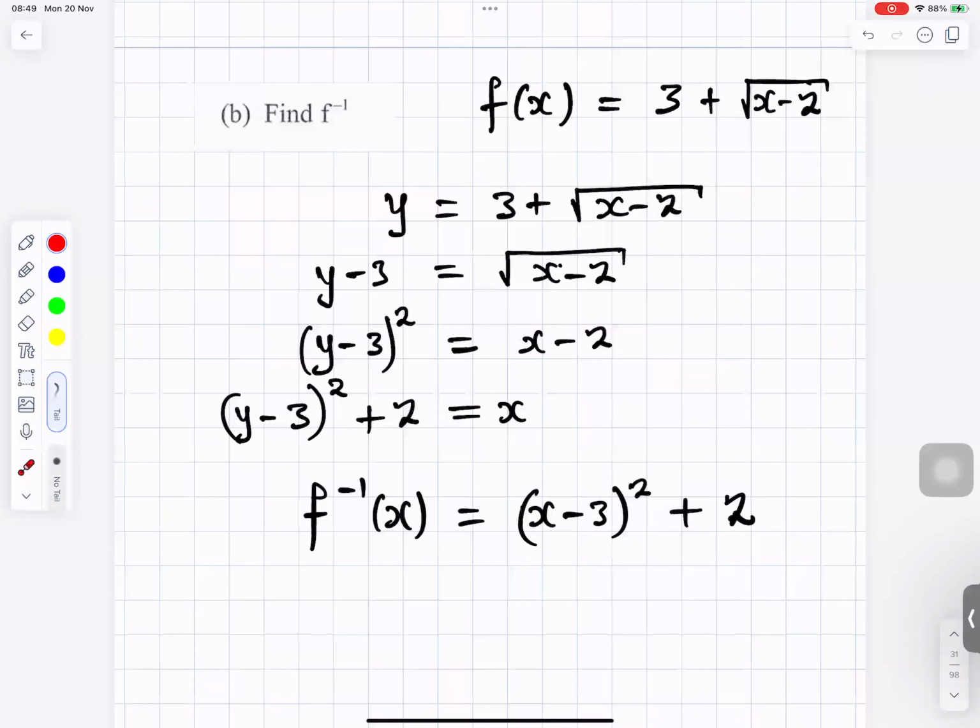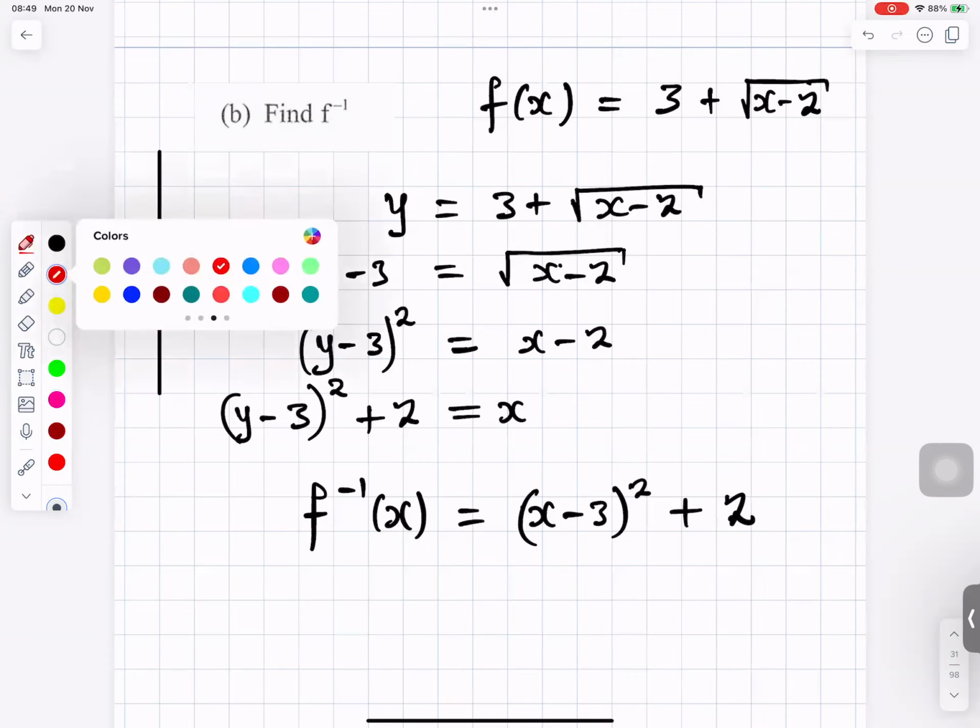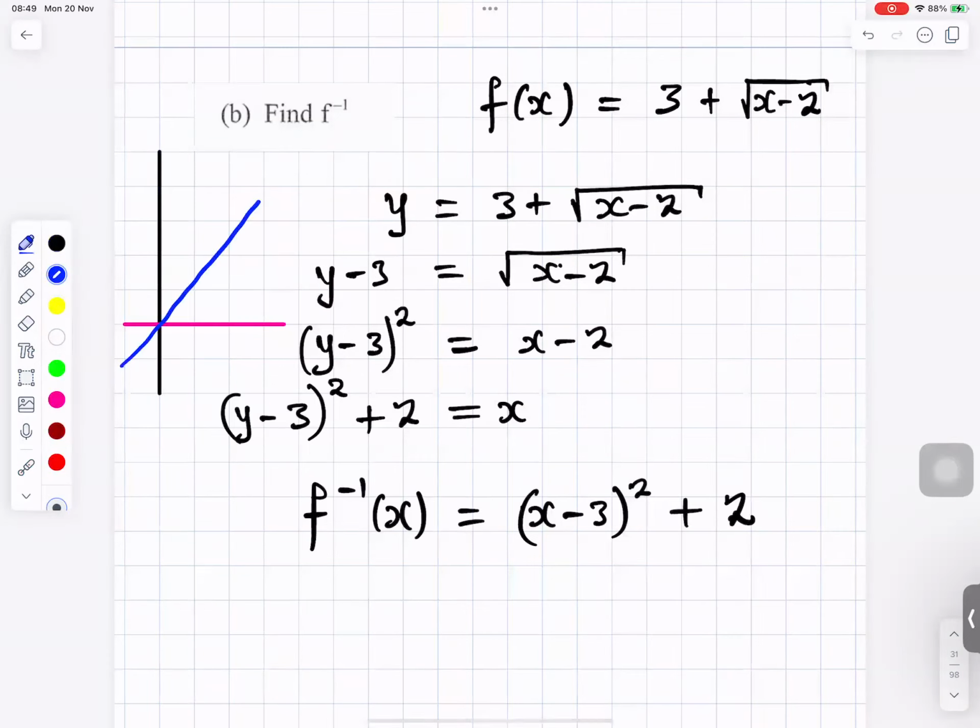Find the f inverse. Most of the time when we do inverse, students don't know why we do them or what it means. If I put a y-axis there and an x-axis and I put this line in the middle, what color can I use? I use blue. This line in the middle is y equals x.